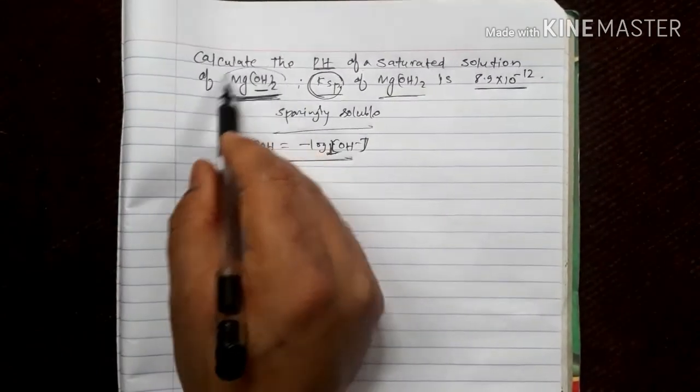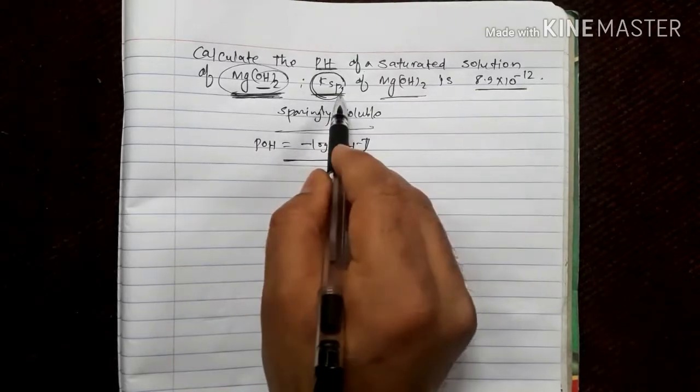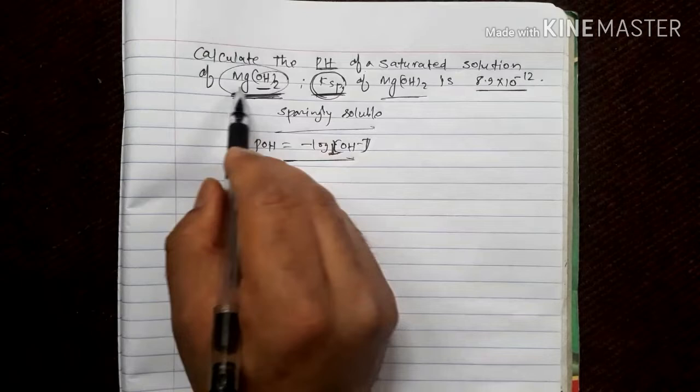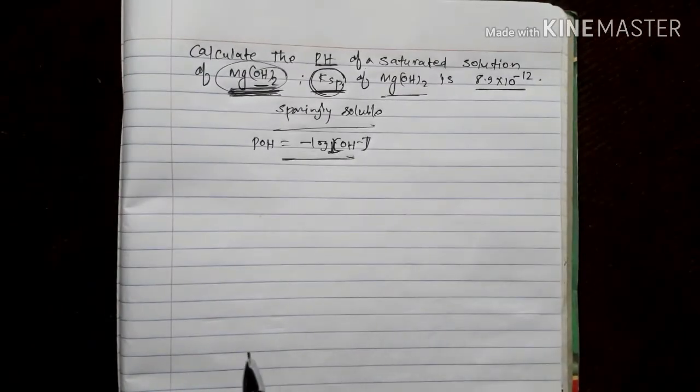The molarity of magnesium hydroxide is not given. Ksp is given. From this Ksp value, for a sparingly soluble salt, we can find the solubility of magnesium hydroxide, and the solubility will give the concentration of hydroxide ion.